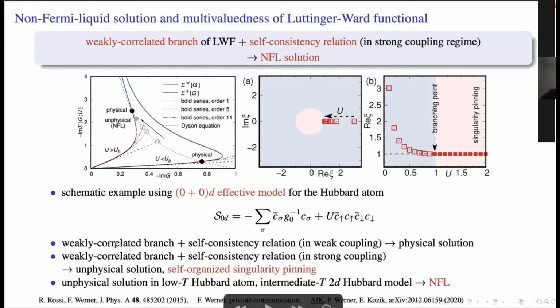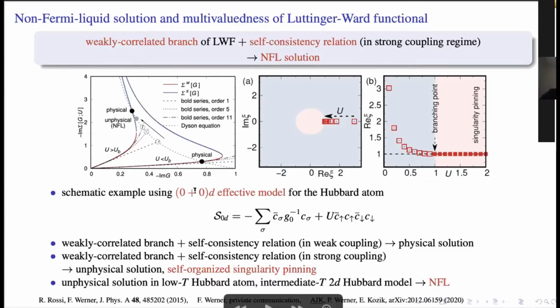One of our main claims is that the dimensional generalization of this unphysical solution in the Hubbard atom, or the actual Hubbard model in 2D, shows non-Fermi liquid behavior in a certain parameter region.